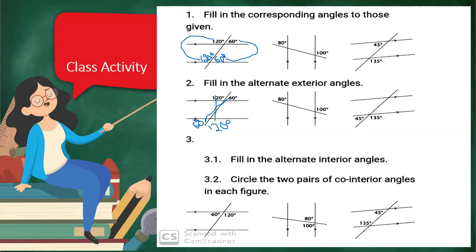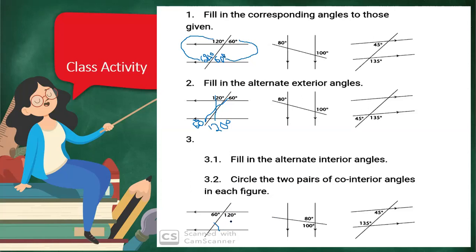Okay guys, thank you so much for joining me. You'll do this one: circle the two pairs of co-interior angles on each figure. And you know that this one is 120 plus the angle right here. They must give you what?